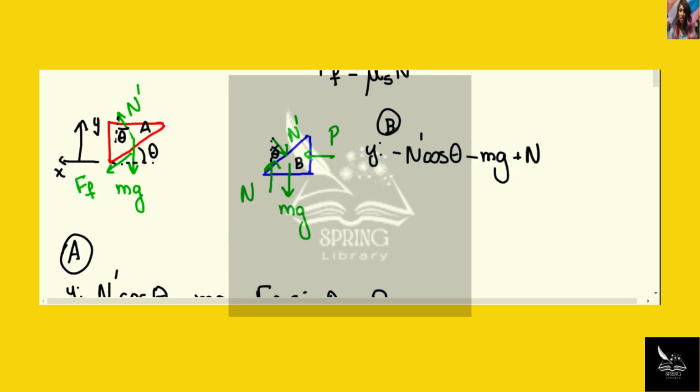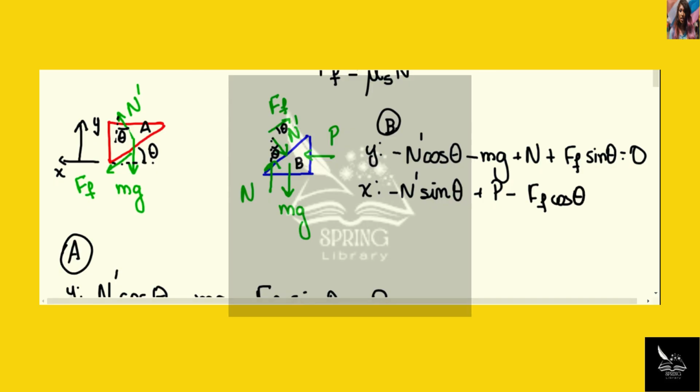And actually there's also the frictional force, of course, that points in this direction. I'd forgotten to write it: plus the frictional force times the sine of theta, and this is equal to 0. In the x coordinate, we have minus n prime times sine of theta plus P minus the frictional force times cosine of theta is equal to mg.